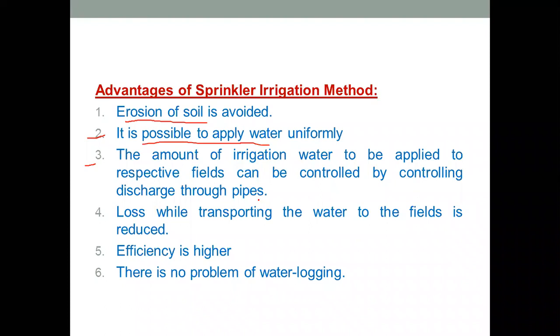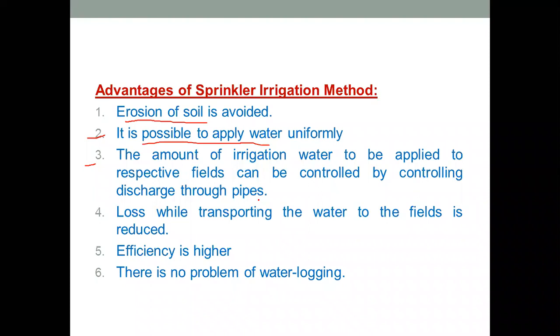So in methods such as check flooding or free flooding, we could not control the discharge. If the crop is a sugarcane crop, for example, which requires a high amount of irrigation water, or crops such as bajra, which require less water as compared to sugarcane, in those flooding methods we cannot control the amount of water which we are providing.